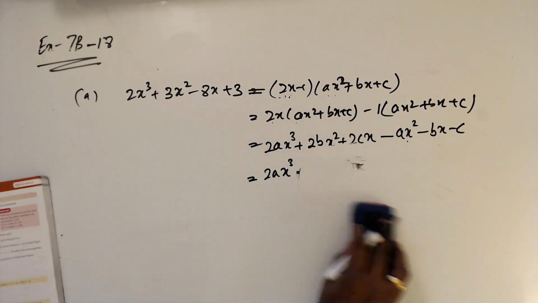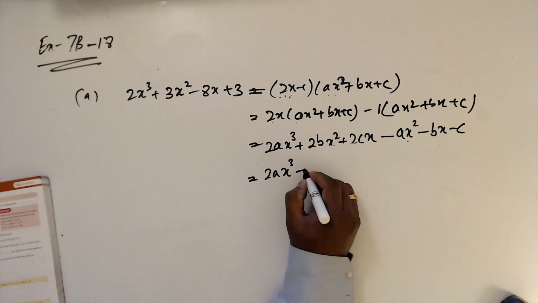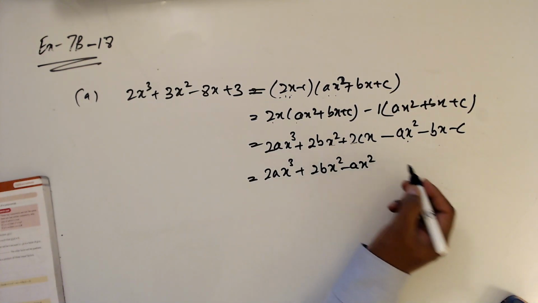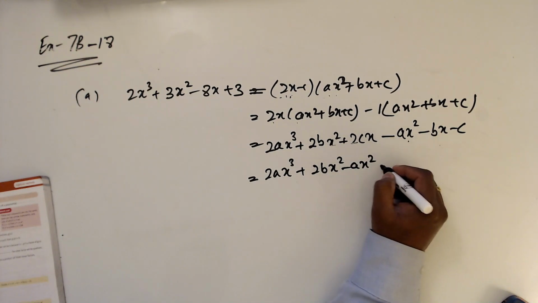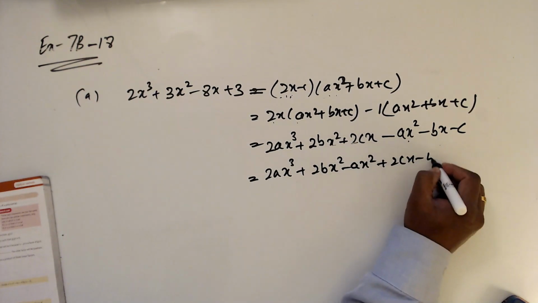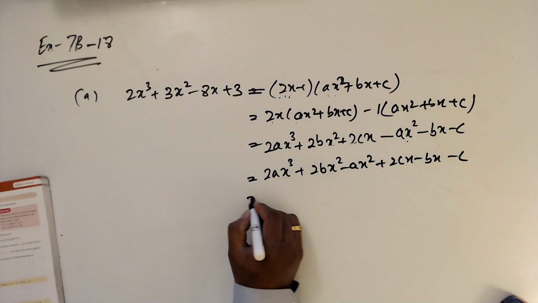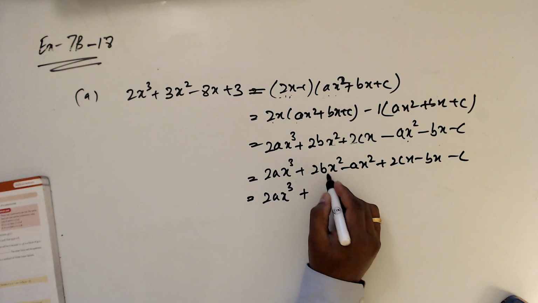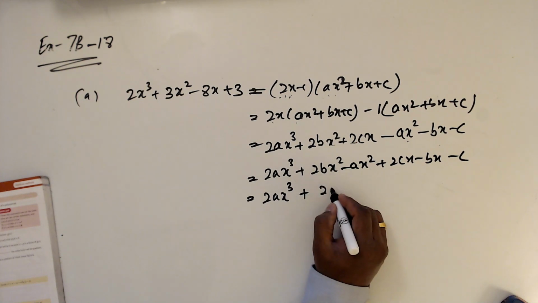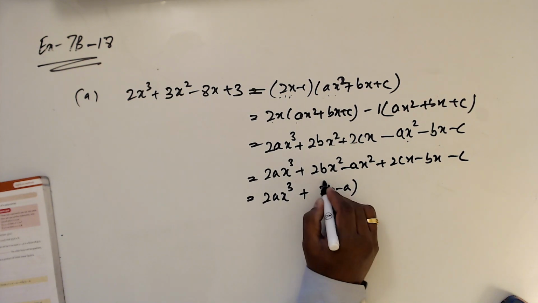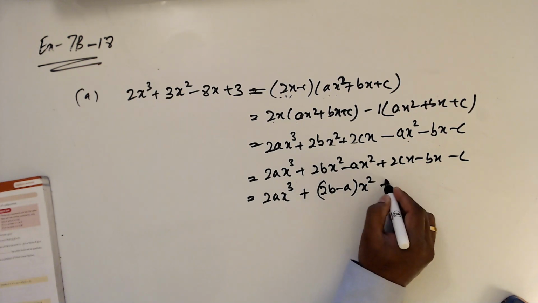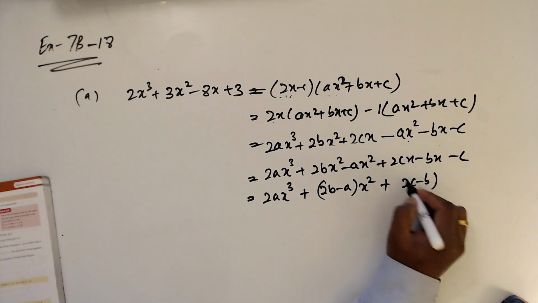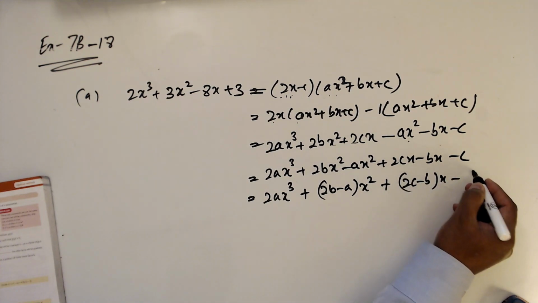If confusing, just write together first: 2b x square, then minus a x square, then x terms 2cx, minus bx, minus c. When you take x square out, it remains 2b minus a times x square. When you factorize the x terms, 2c minus b times x, minus c.